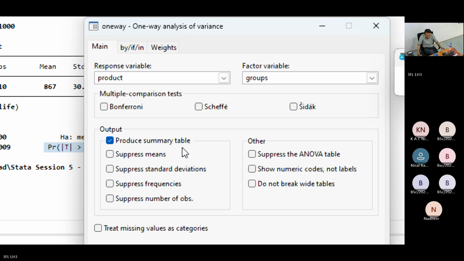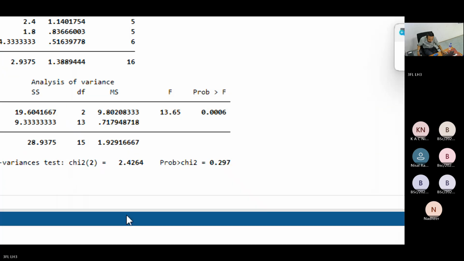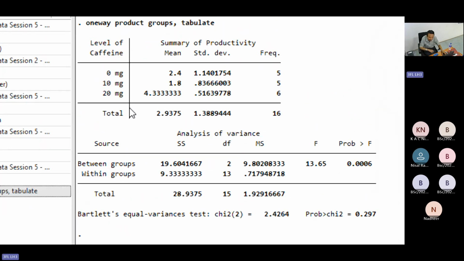Right. Now, after you tick produce summary tables, let's see. You see, the 0 milligram group's productivity level was 2.4 units per hour.